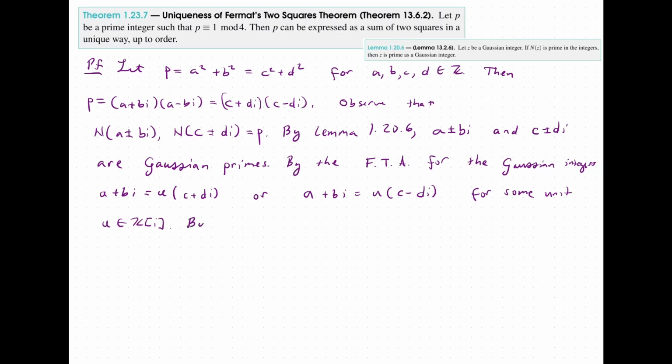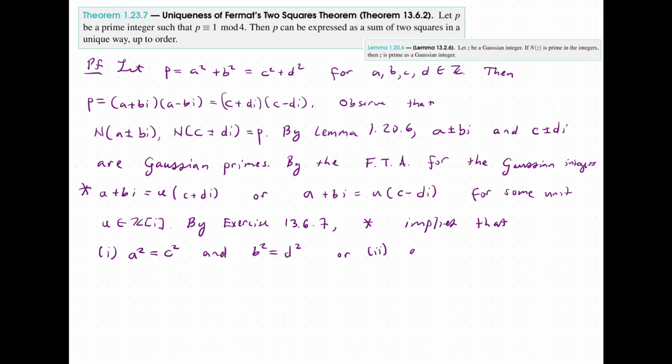Specifically, under these assumptions, you will show in 13.6 number 7 that these conditions imply that A squared is equal to C squared and B squared is equal to D squared, or the second case, which is A squared is equal to D squared and B squared is equal to C squared.